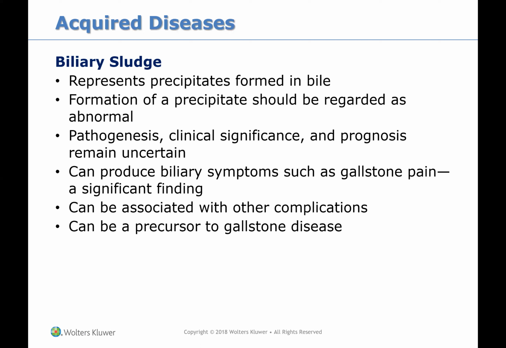But it can also cause gallbladder pain. So another way that you can determine that is by doing the Murphy sign, where you press just a little bit to see if that part's tender. So if a patient comes in with biliary sludge and a positive Murphy sign, then you'll want to write that in the report because it could be a precursor for gallbladder disease.